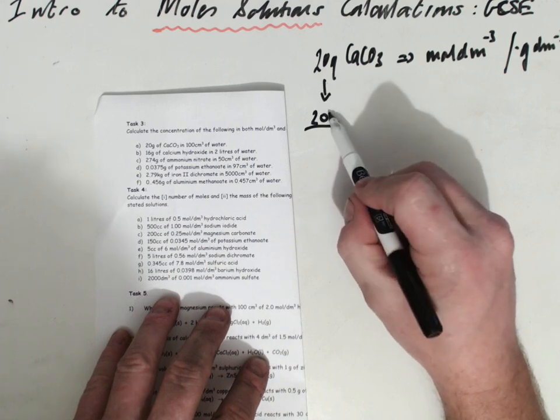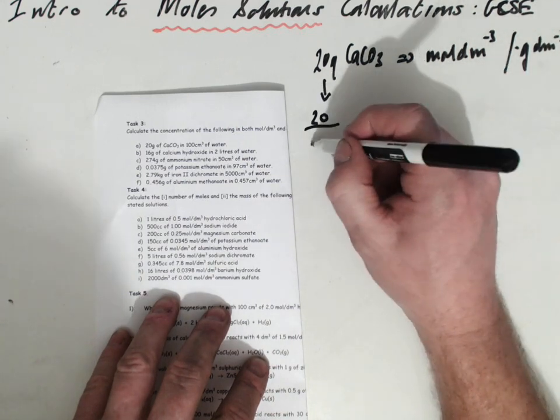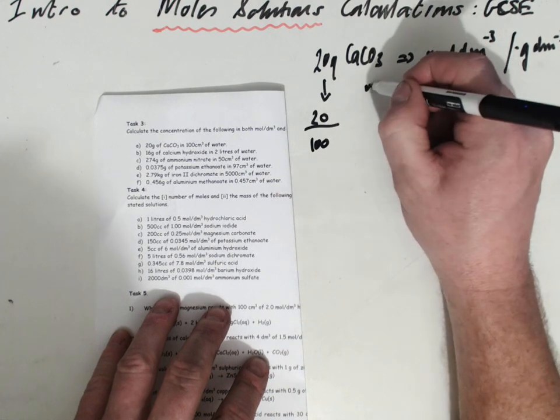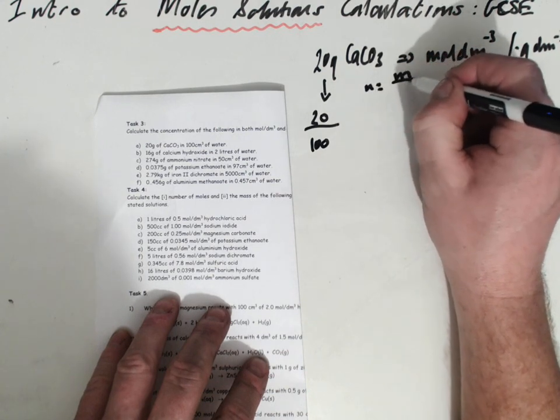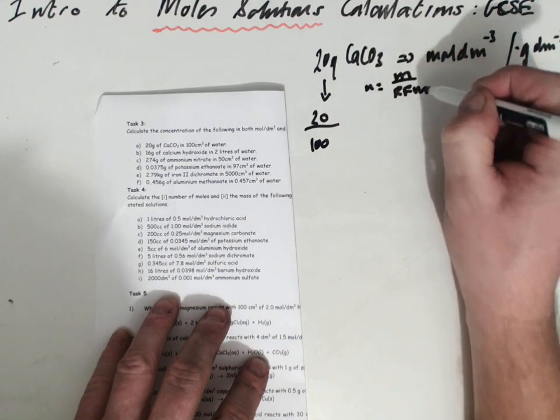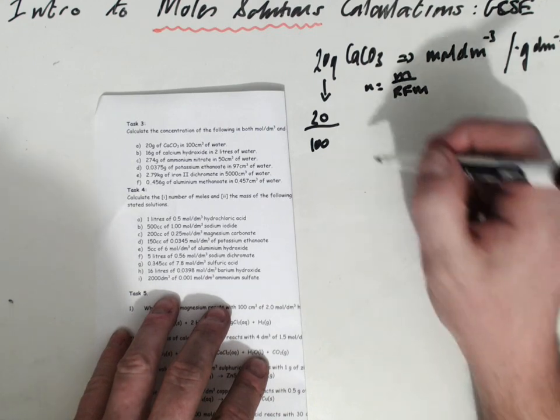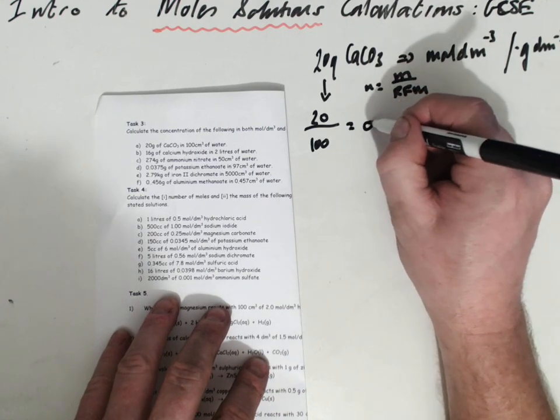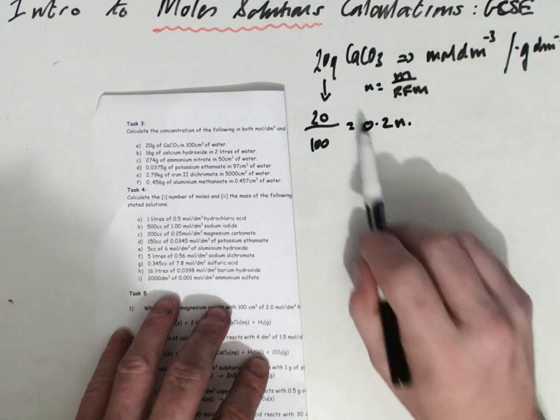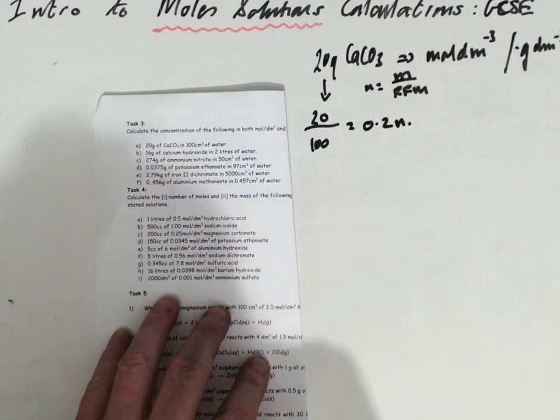Remember, moles equals mass over RFM, as we had on the previous board, and that equals, of course, 0.2. So we've got 0.2 moles of calcium carbonate.